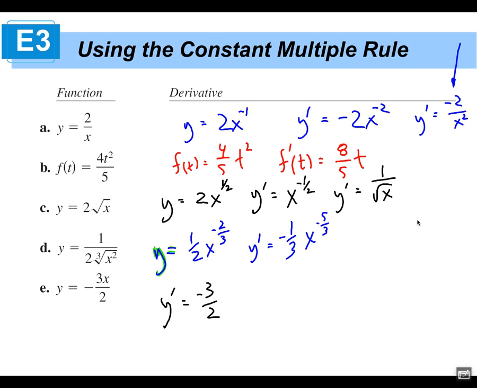Did I lose anybody on any of those? Or any of those you need to review? Okay. D? Let's go back to Amanda. Amanda, what do you got for us? Let's start with the 1/2. Are we okay on the 1/2, Greg? Yeah. All right. So you're wondering where she got x to the negative 2/3?